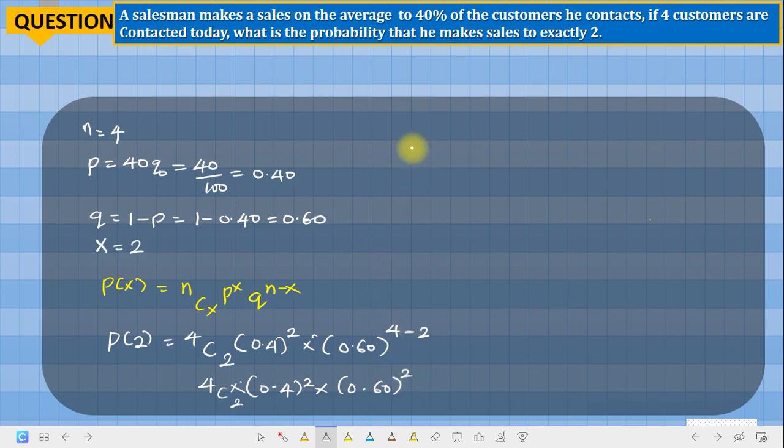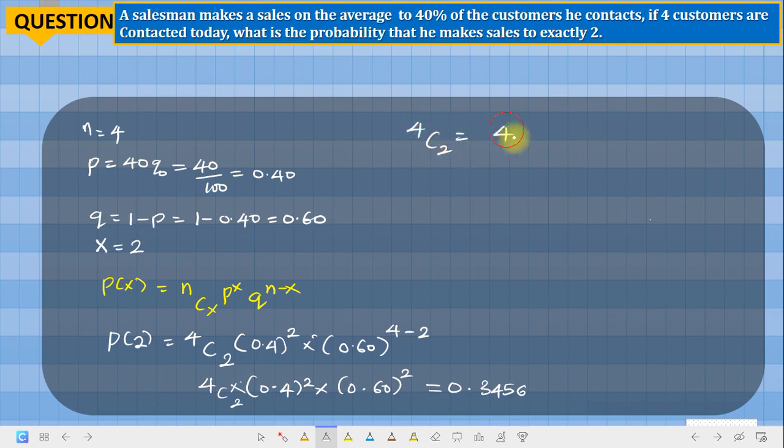So at the end of the day, when you press this in your calculator, the final answer will be equal to 0.3456.